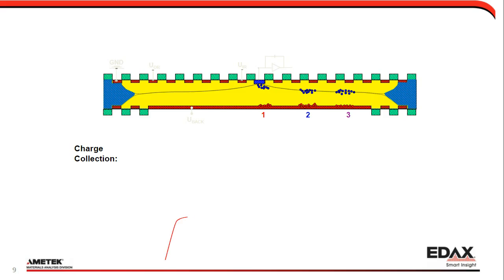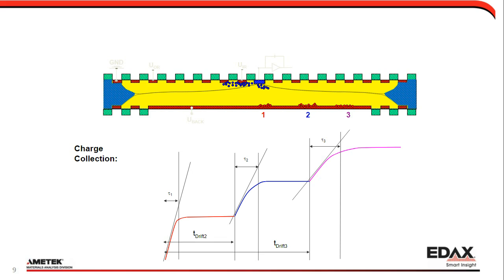The electrons will be driven by the drift field to the anode on the top, where the charge is being collected. The electrons generated closer to the perimeter will take longer time to reach the anode, as indicated by the drift time in the chart below.